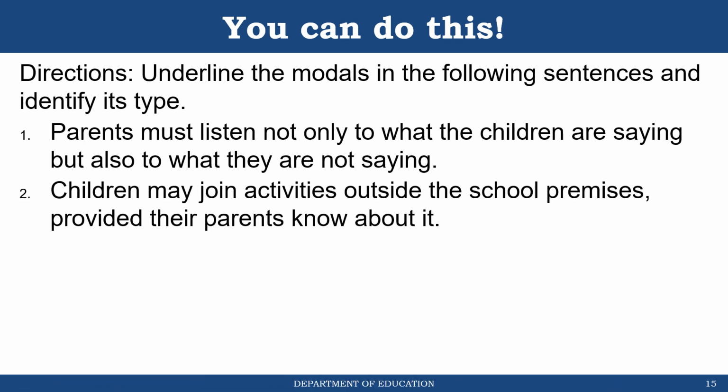Number 2. Children may join activities outside the school premises provided their parents know about it. So what is the modal in sentence 2? After identifying the modal, you also need to identify its type.